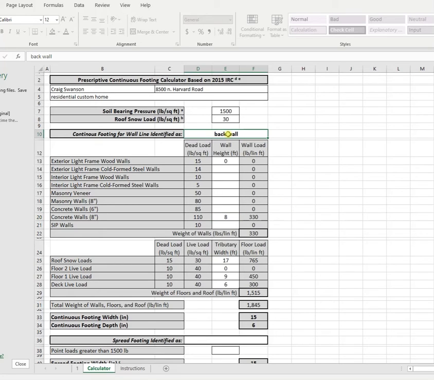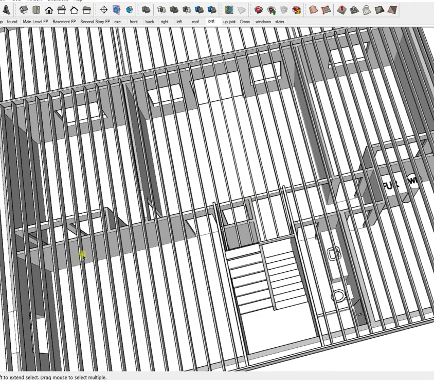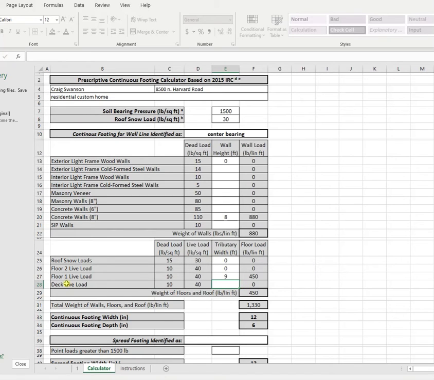Now I'll change this and go to center bearing. So that's this wall right here. It's carrying half of this floor, so that's just 9 feet right here. No deck, no roof, but it does have interior lightweight.